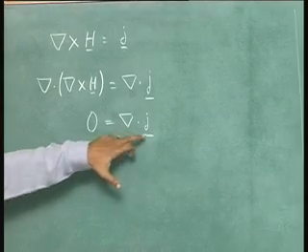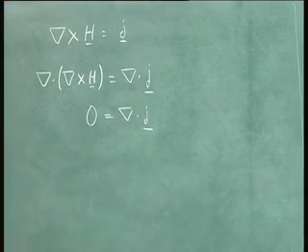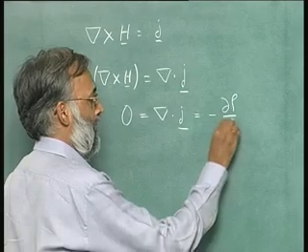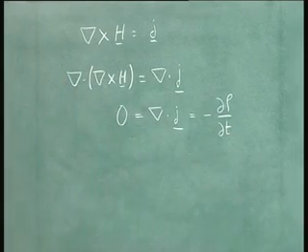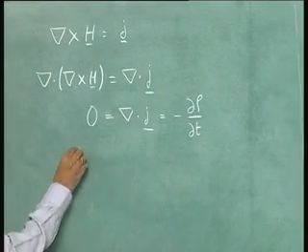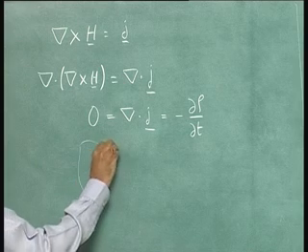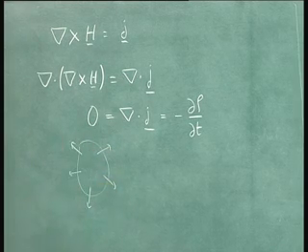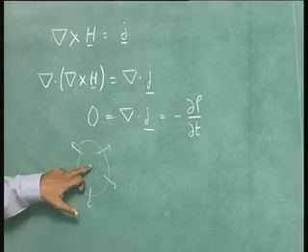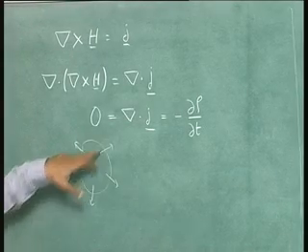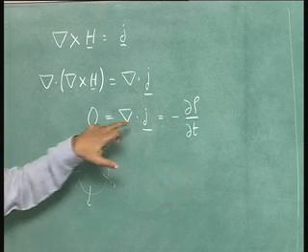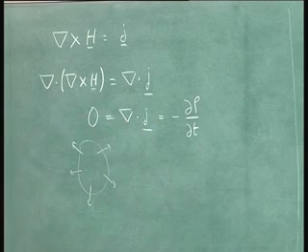But divergence of J, we know, is equal to minus del del t of the charge density. The reason is, if you have a region in which there is current flowing out, then it must be that the charge contained is reducing. So, divergence J is definitely equal to minus the time rate of change of charge density.